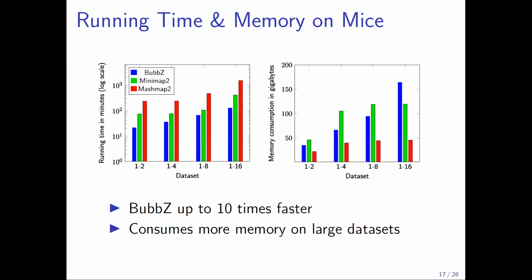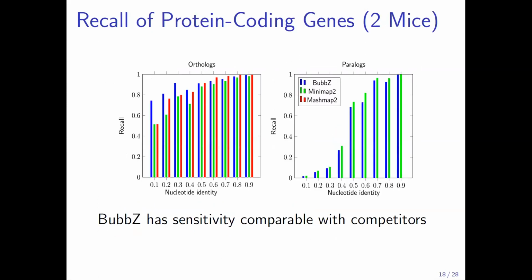We also evaluated sensitivity of these tools by calculating recall of protein coding genes. So we downloaded the annotation of protein coding genes on all these 4 data sets. Here I show you recall of base pairs that belong to pairs of orthologous and paralogous genes from the Ensembl gene annotation.